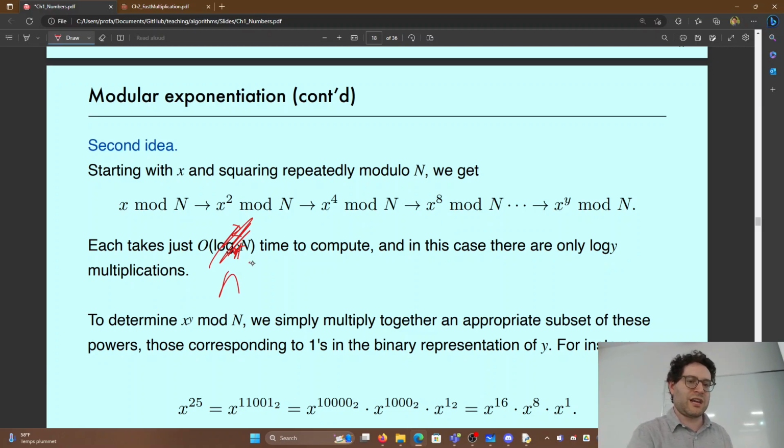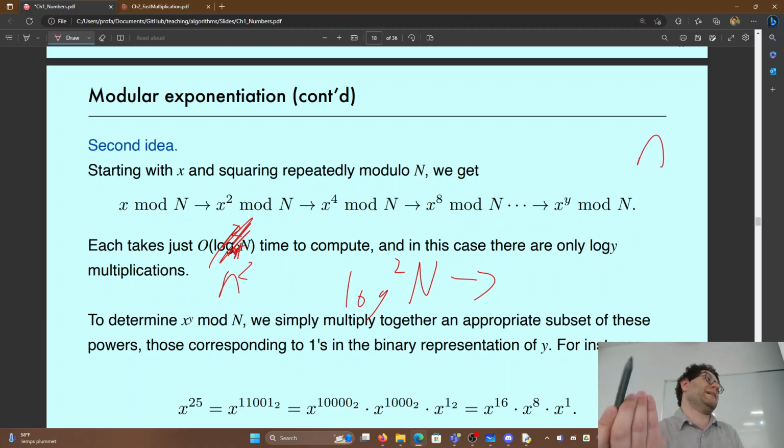And a multiplication takes n squared time. That's where it got the log n squared. It got this from the fact that, remember, big N is our value, and n in this case is the number of bits. So this simply said, yes, the multiplication, once again, is O of n squared.